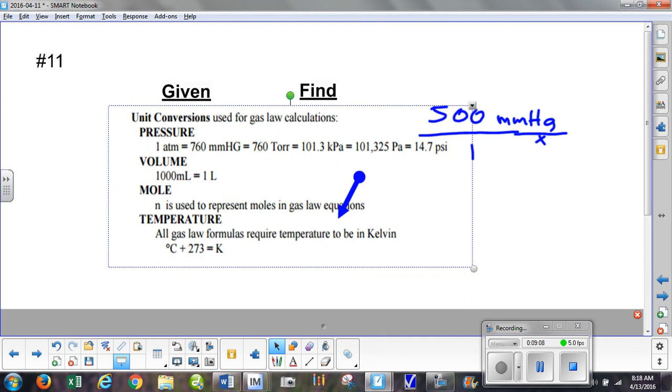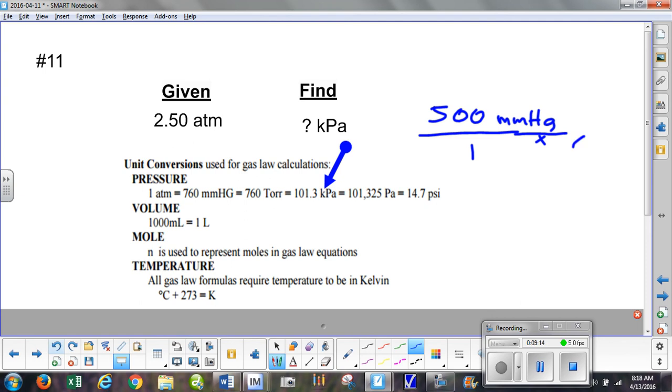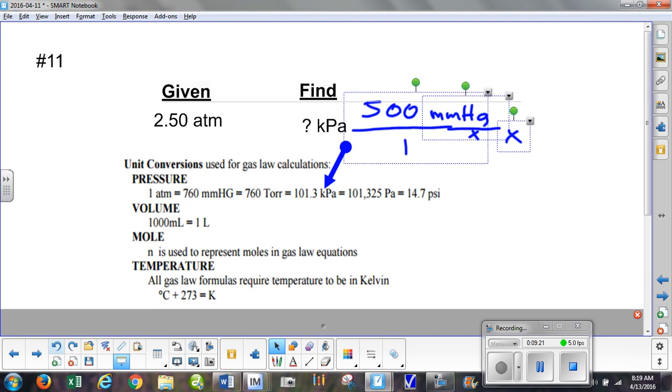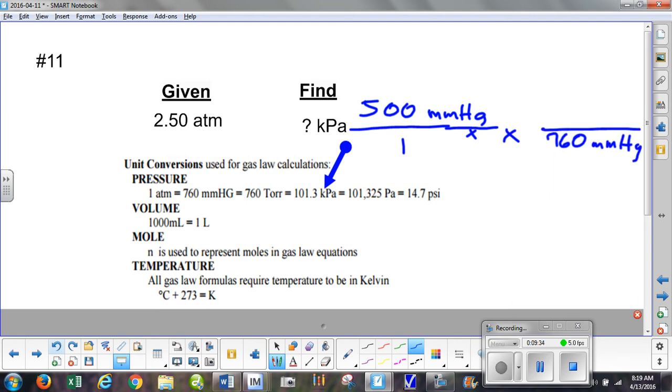And the other guy we need, let's get that back, here we go, is this. So now we know that 760 millimeters of mercury, let's move this over so I have a little room, 760 millimeters of mercury would have to be on the bottom so it could cancel the guy on the top. If you'll do it this way, you'll always get the right numbers.